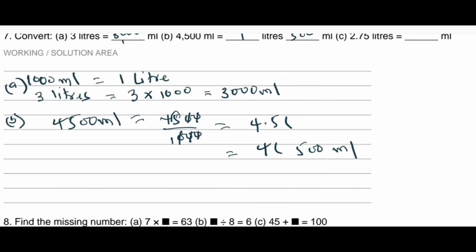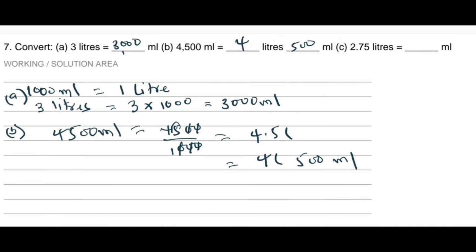Now we have to convert 2.75 liters to milliliters. So the same thing. When you are converting from liters to milliliters, you multiply. So this will be C: 2.75 liters is equal to 2.75 times 1,000.